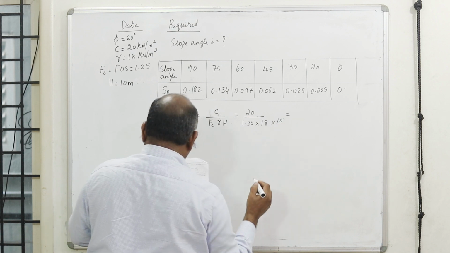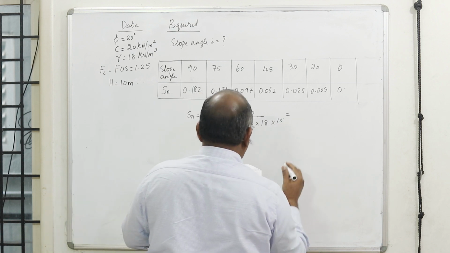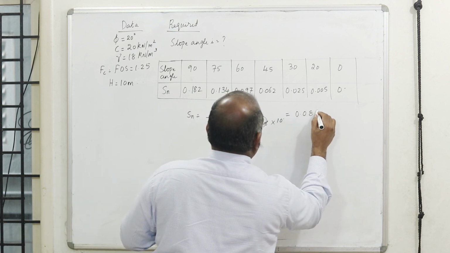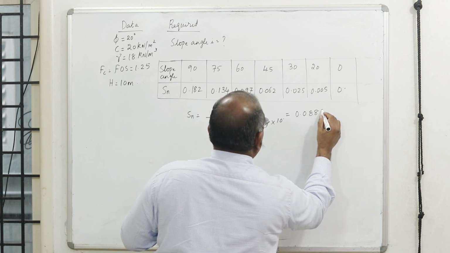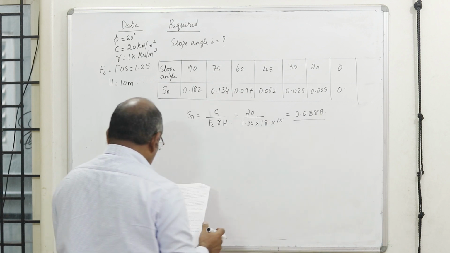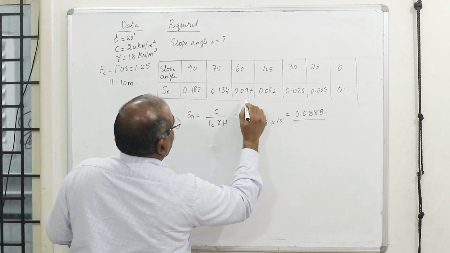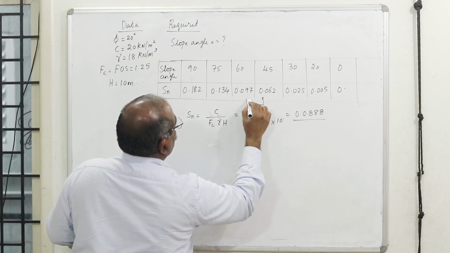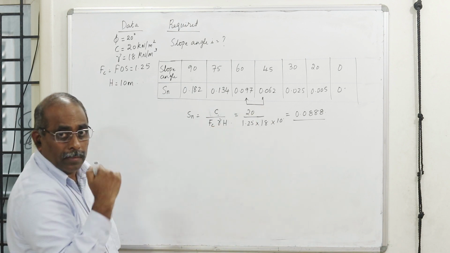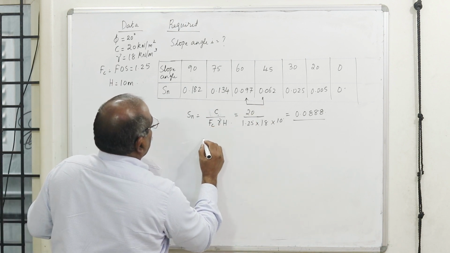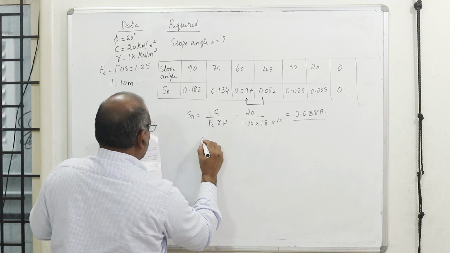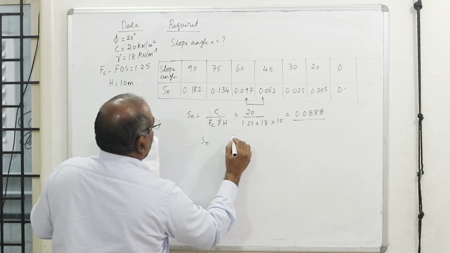I get the stability number as 0.0888. For this value, now look here, 0.088, it is somewhere between these two. Now let me write this down. What is the stability number and what is the slope angle?